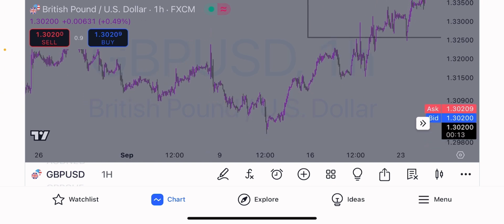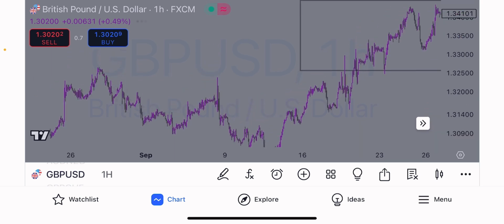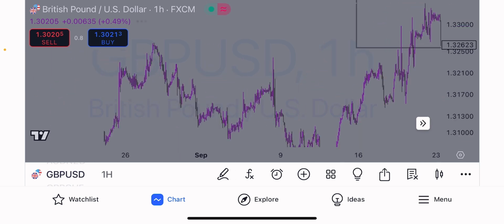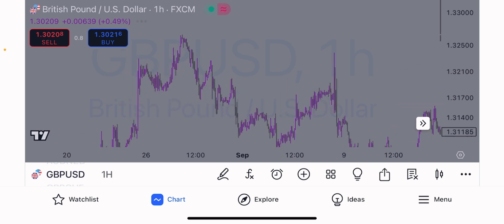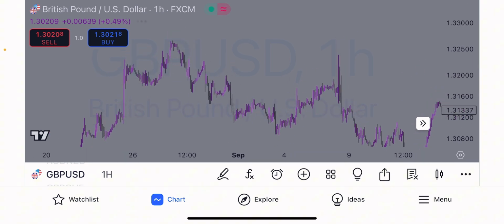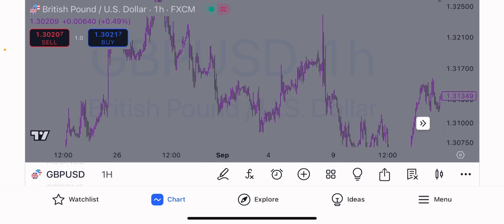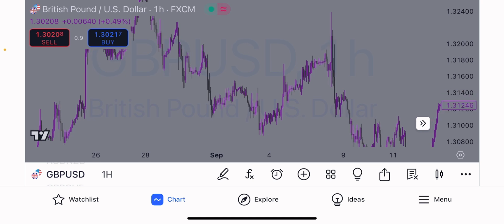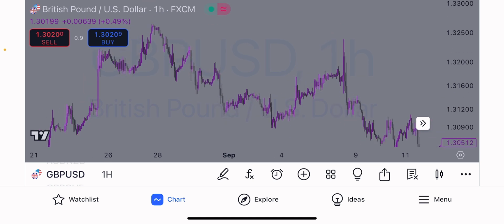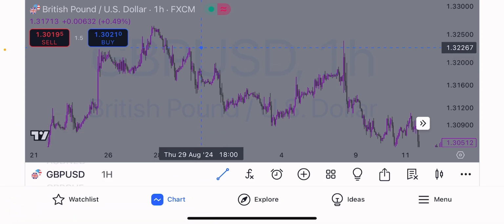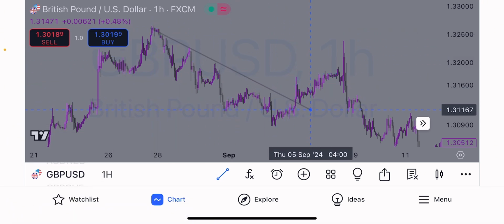I think we should use this. This should be better, right? This is a bearish market, right? And something like this. Okay, I think this looks good.